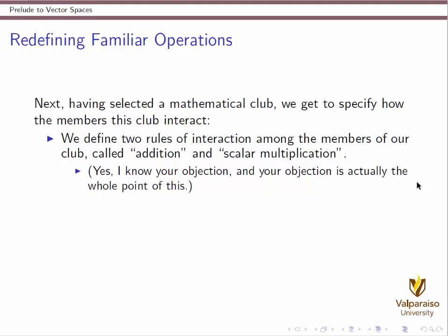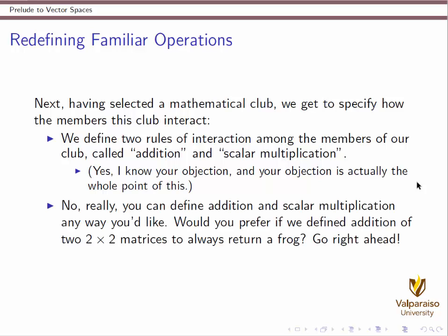Okay, well, this is actually the point. The definition of addition and scalar multiplication that you've been working with all your life is just one of many possible definitions of addition and scalar multiplication. So that little plus sign that you use for addition is really just a symbol. It has any meaning we want to ascribe to it. All your life, you've ascribed a particular meaning to it, but we can change that meaning.